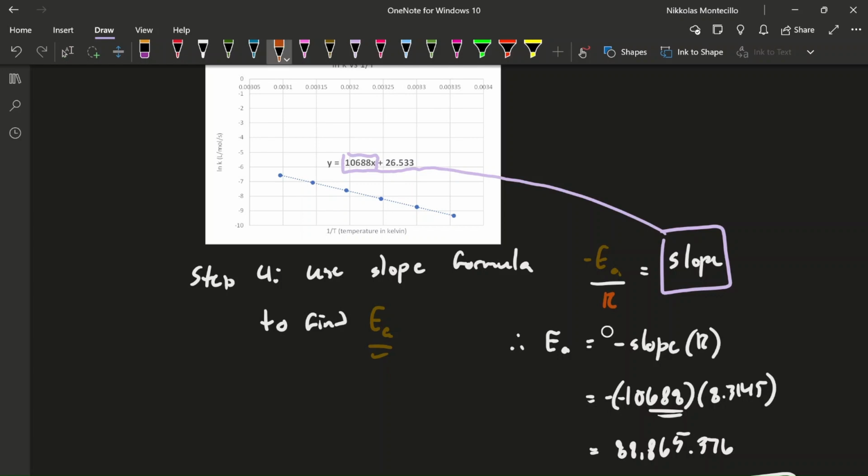And then we want to multiply the negative slope by the gas constant, right?